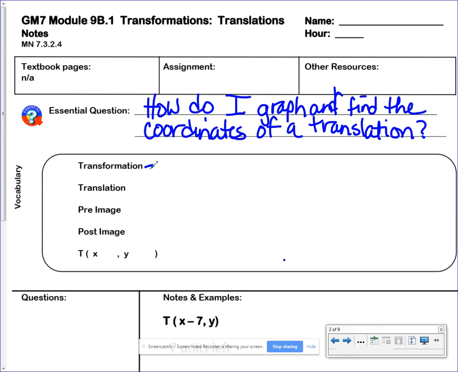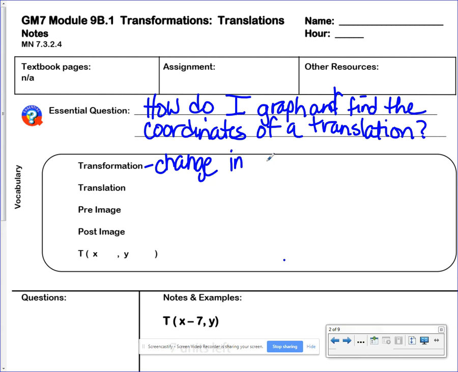So first, I guess we had better conquer some of what this terminology means. Transformation, to transform, or if you've ever seen those movies about the Transformers, transformation has to do with something changing. And in math, we're usually talking about either a point or some sort of shape or figure.